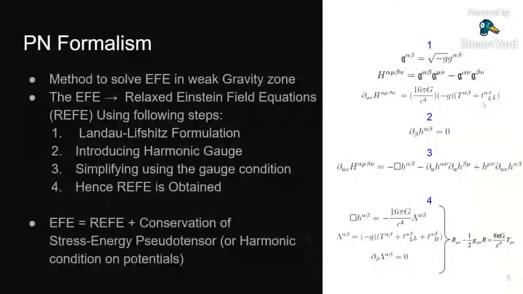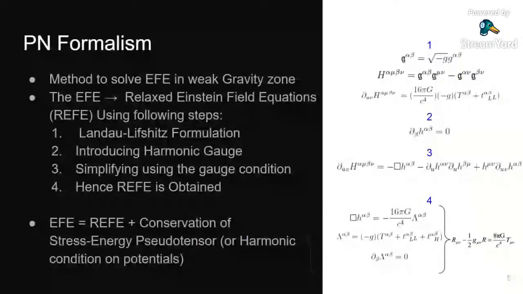This term only appears over here. If you subtract the double derivative of this term from the stress energy tensor multiplied by these factors, the remainder of that part is called the Landau-Lifshitz pseudo tensor. It's just some mathematical construct.